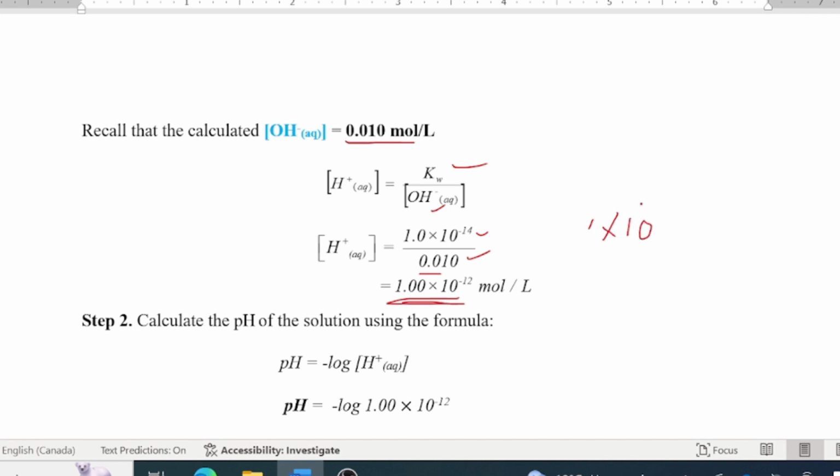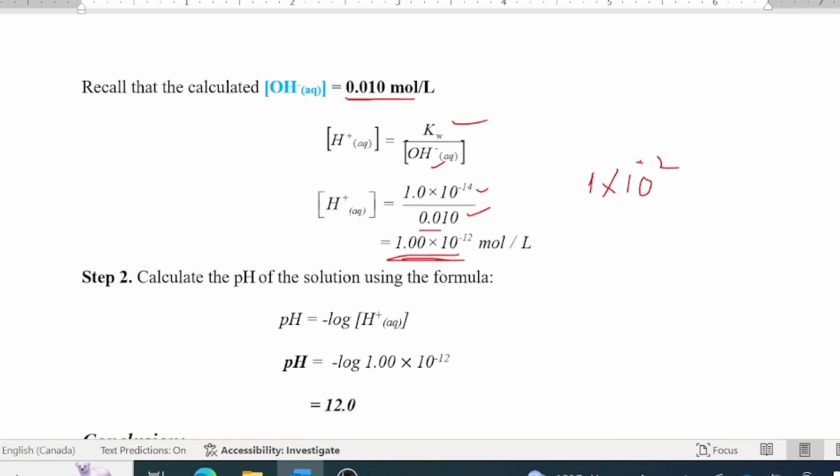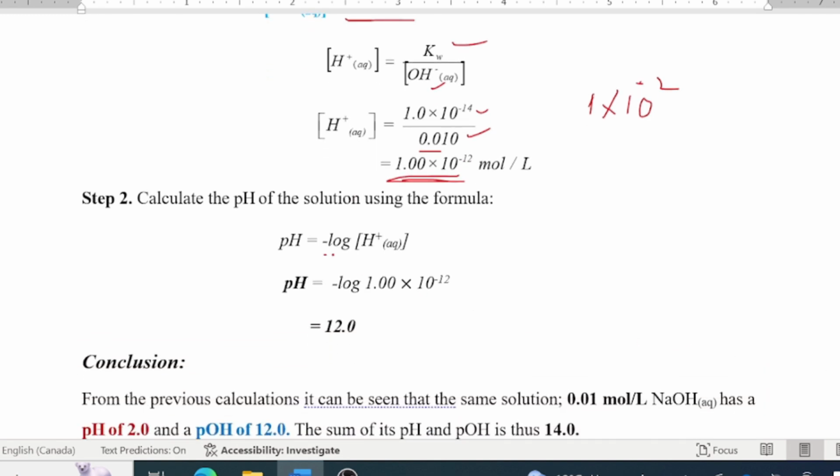That OH concentration is equal to 1 times 10 to the negative 2, and this one is 1 times 10 to the negative 12. Now we're going to find the pH. pH is equal to negative log of this, and that is equal to 12.